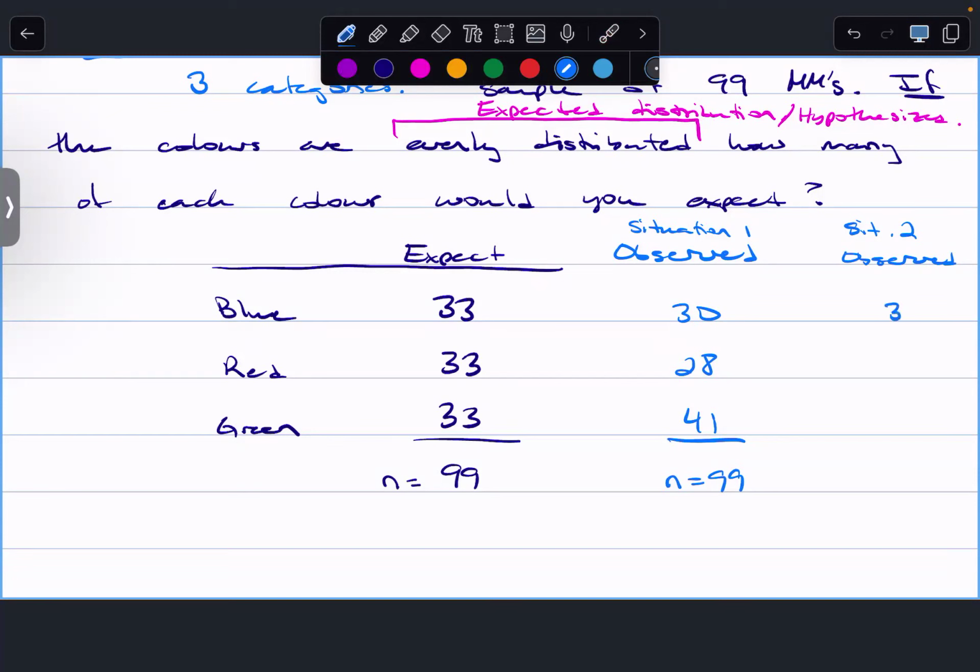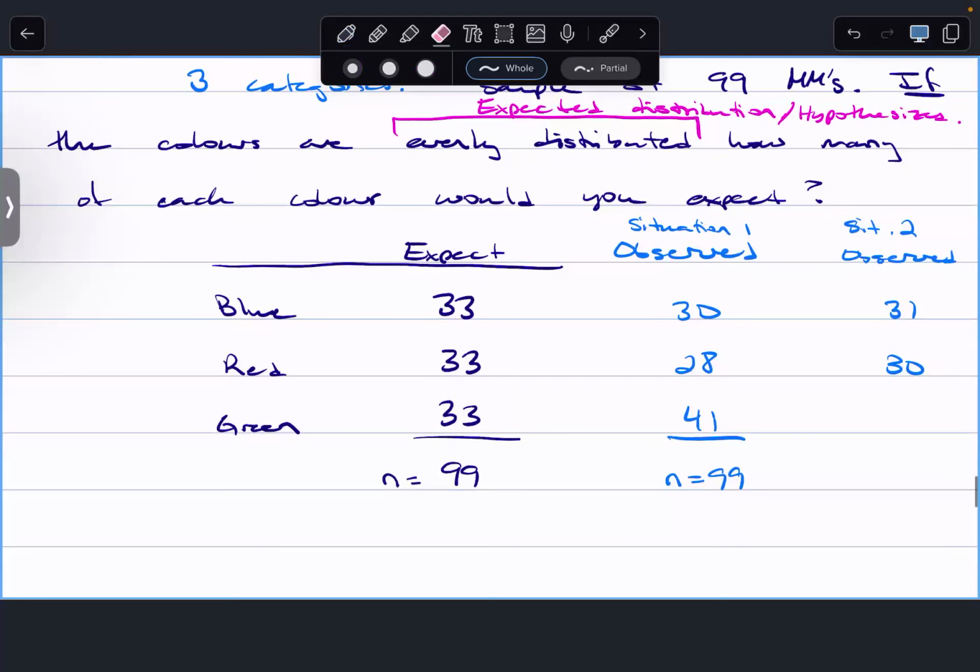Let's say this one is 31 and this one is 30, or maybe 32. 99 minus 32 minus 30. I'll make this 31. I just want them to be obviously closer to 33.